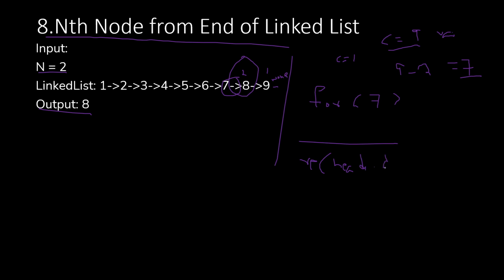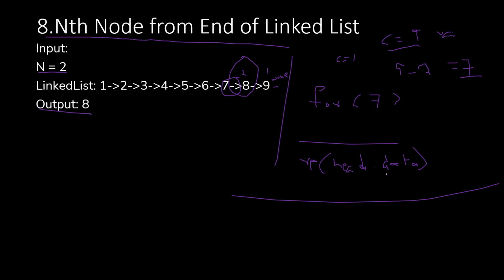We iterate from the head position, reinitializing head equal to head dot next in the for loop. After 7 times we reach this arrow, where the data is 8, so we simply return the data.